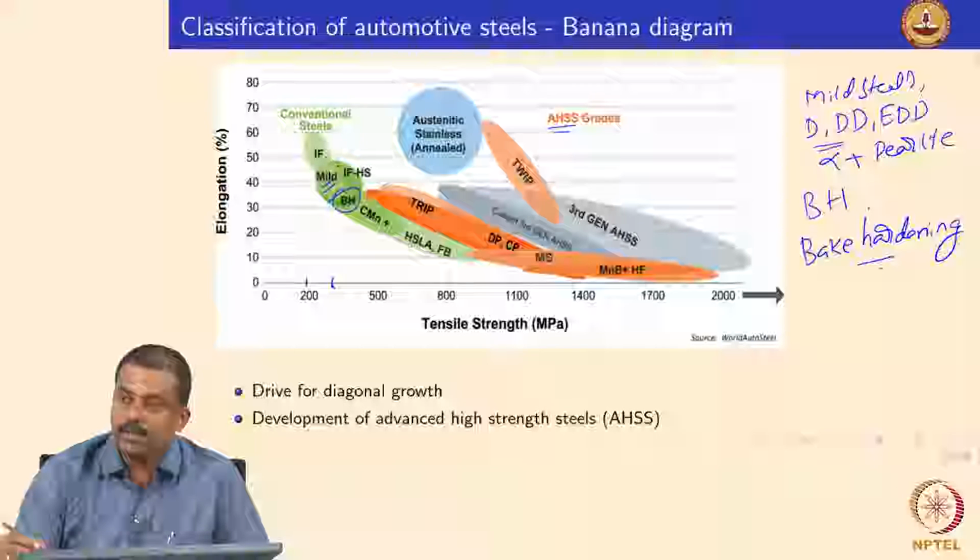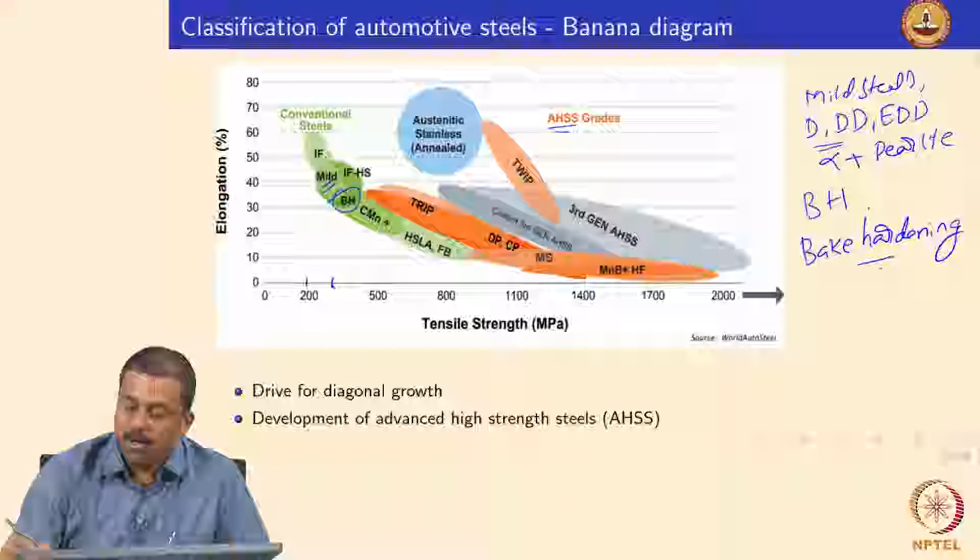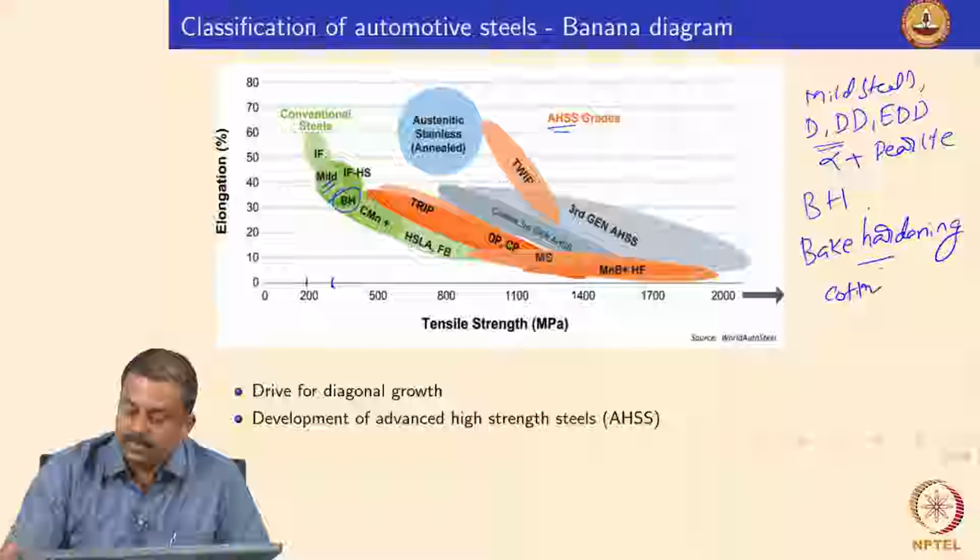So in the bake hardening steel we leave the carbon atoms deliberately in interstitial positions. These carbon atoms can migrate and occupy the dislocation fronts, forming a Cottrell atmosphere.